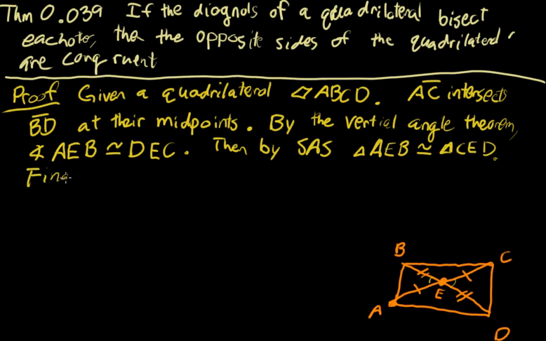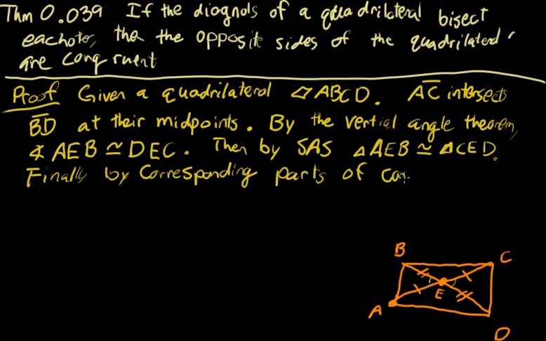So finally, by corresponding parts of congruent triangles, AB is congruent to CD.